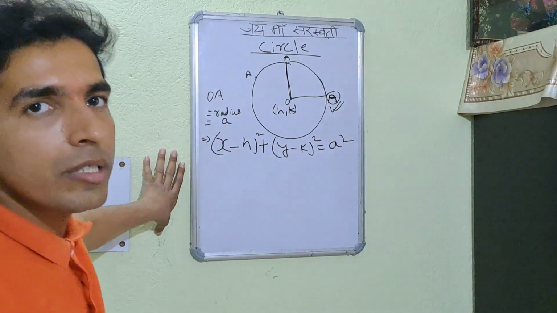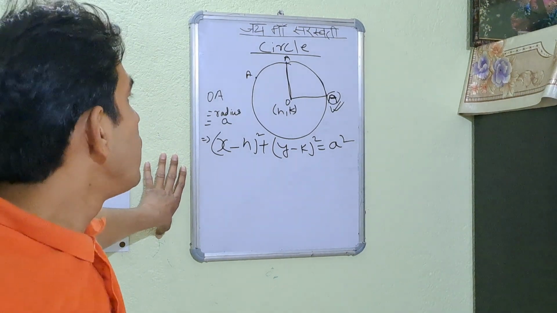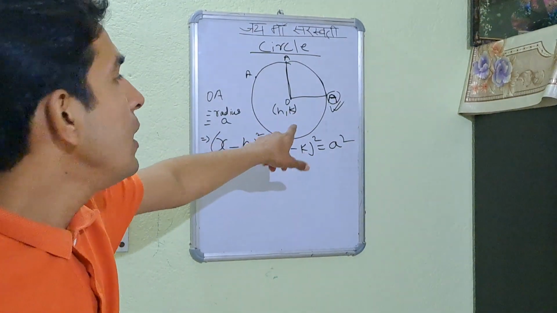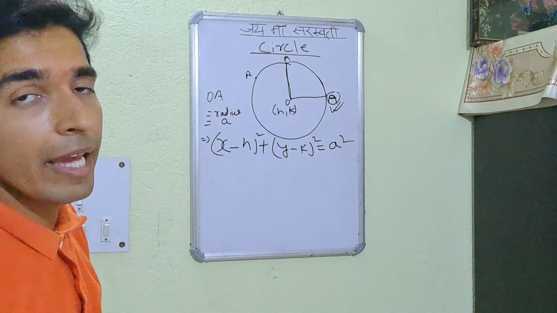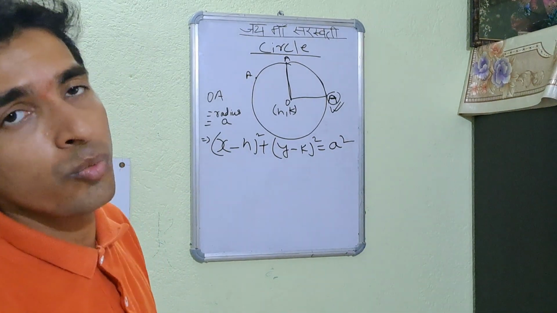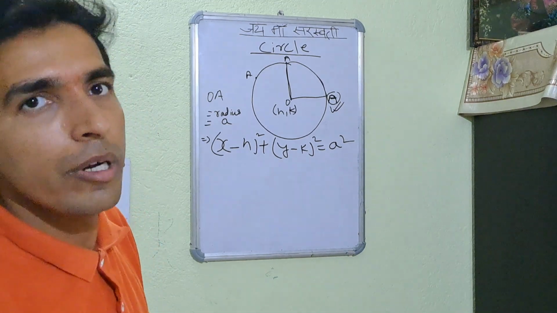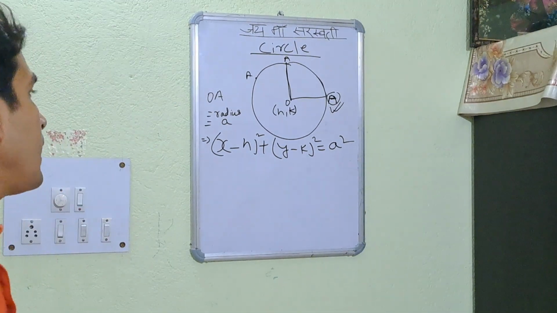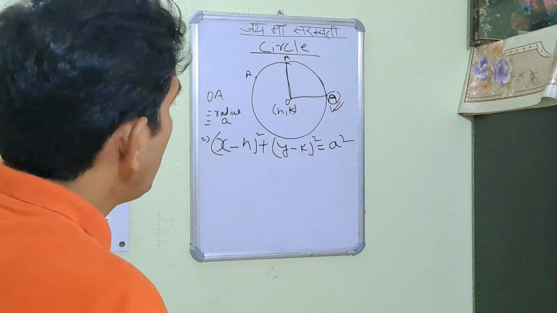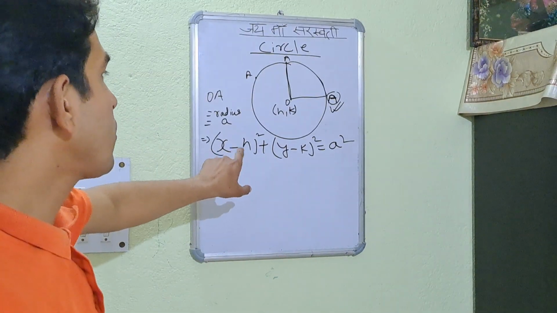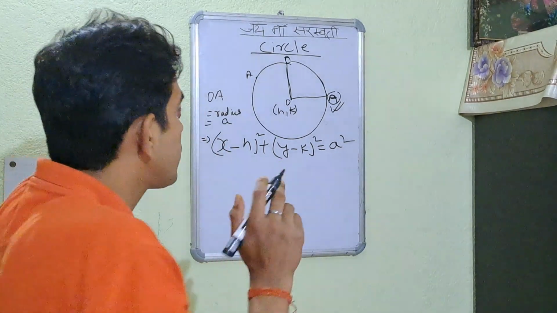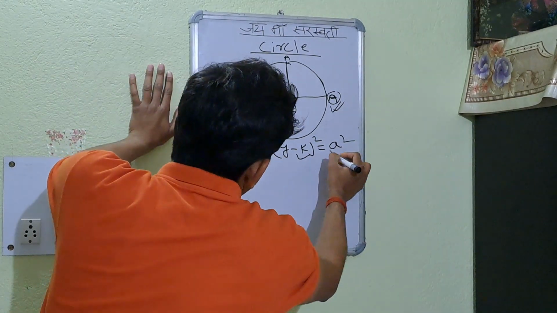So this is the particular equation of the circle, in which we have taken the center as (h, k) and the radius as a. (x minus h) the whole square plus (y minus k) the whole square is equal to a square. In this equation there are three unknowns, h, k and a.